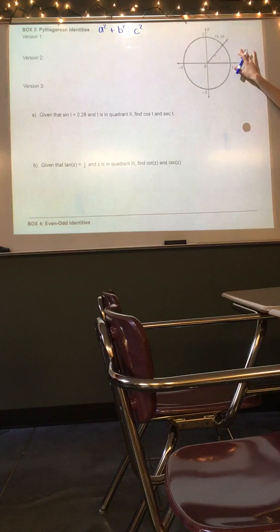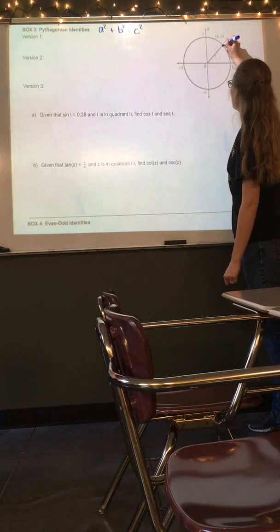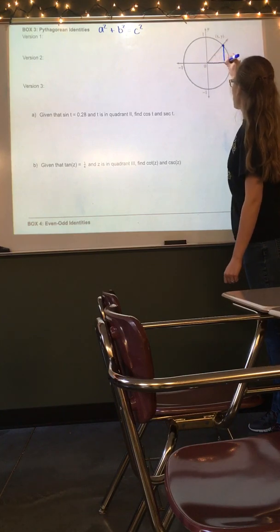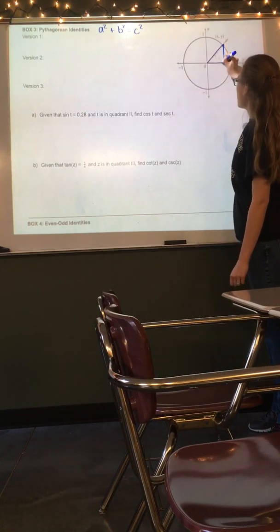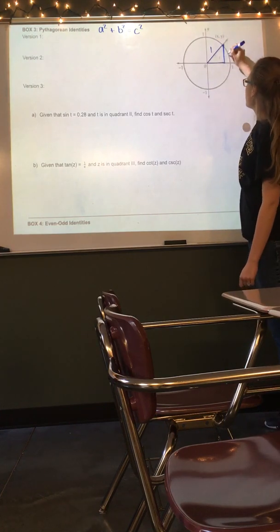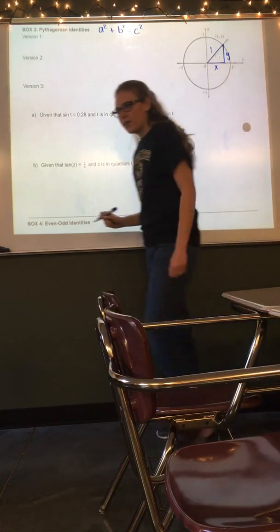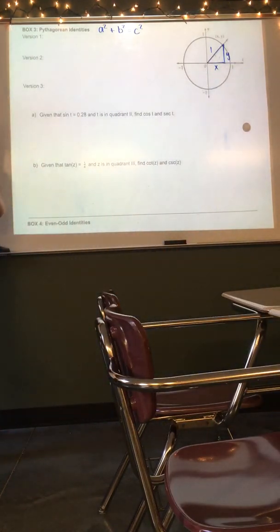So if I have my unit circle here, we've got a point on it, x, y. We can draw that triangle. What's the radius of a triangle on the unit circle? 1. Radius is 1, side lengths x and y. Now what happens if I plug that into the Pythagorean theorem?